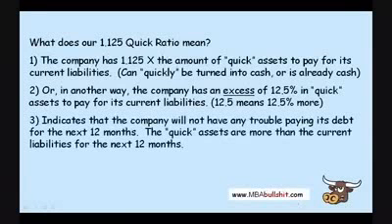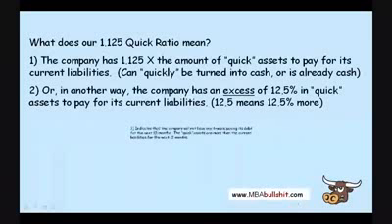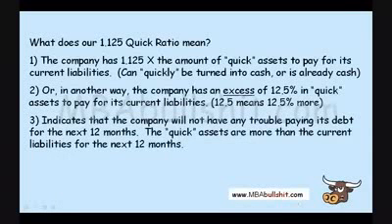Remember, it's just an indicator. It's not 100% sure. This indicates that the company will not have any trouble paying its debt for the next 12 months. Remember, current assets means easily convertible to cash within the next 12 months.